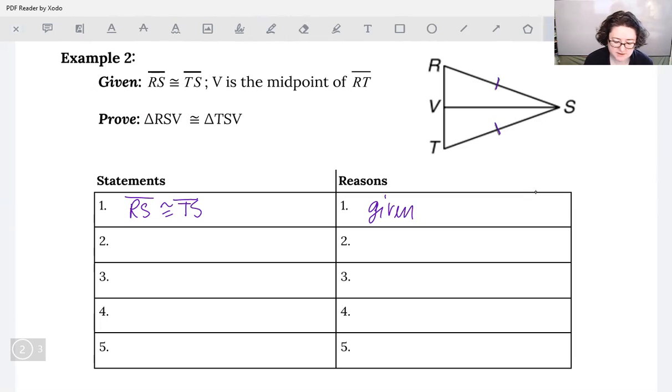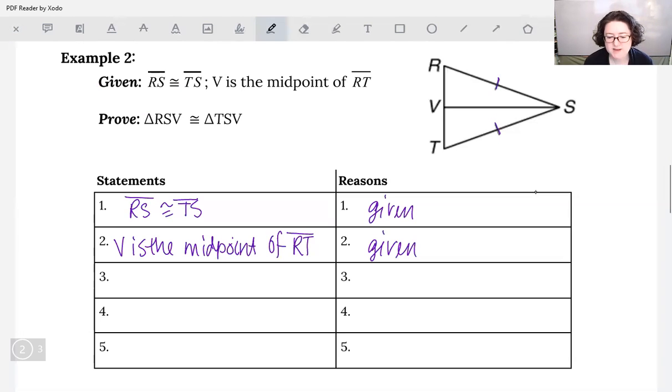They also told us that V is the midpoint of segment RT. Again, given, but we don't have anything marked on there. So that's a hint: we're given that this is a midpoint, and we need to use that information to figure something out. So what do we know about midpoints?